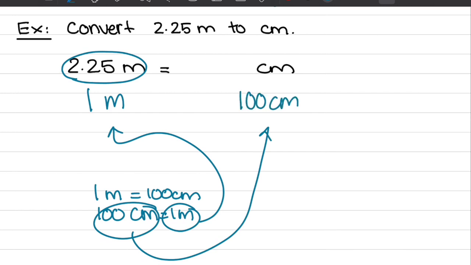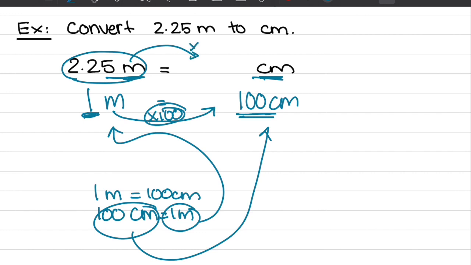Okay, so how do we get from 1 to 100? We multiply by 100. And try this out yourself. What's 1 times 100? It's 100. So I have to use that same property when I convert these two numbers, because I'm also converting from meters to centimeters.